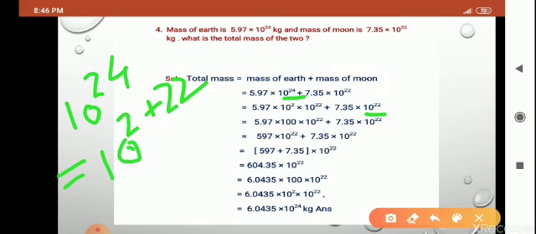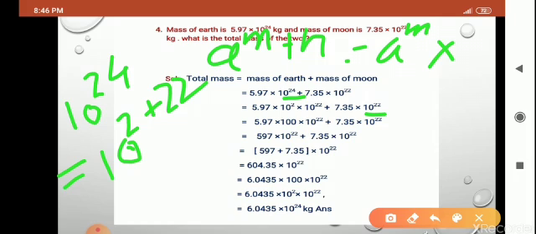Now we use the law of exponent. A to the power m plus n is equal to a to the power m into a to the power n. Do you remember it?